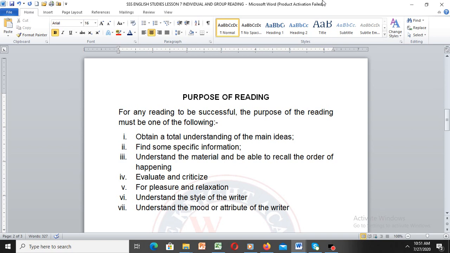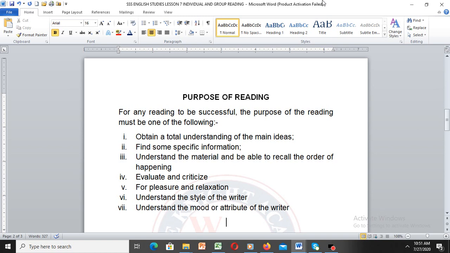Number one, obtain a total understanding of the main ideas. The reason why you are reading must be that you want to obtain a total understanding of the main ideas. You are not just reading for nothing. You have a reason for reading. And that makes reading interesting.